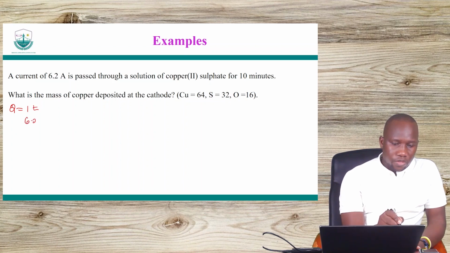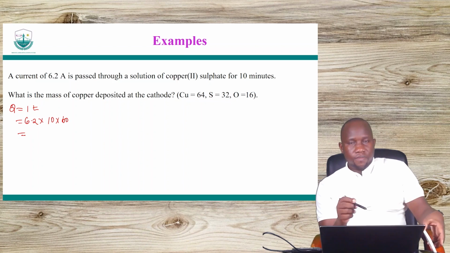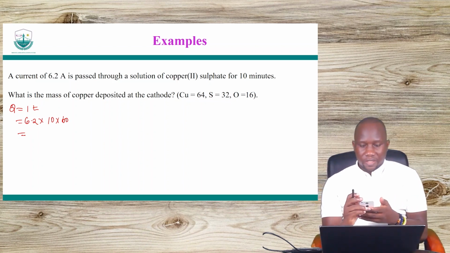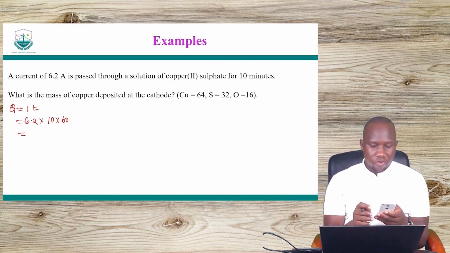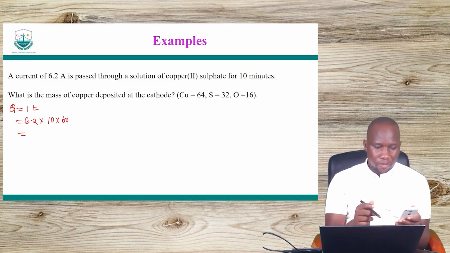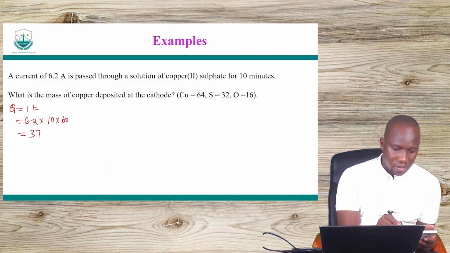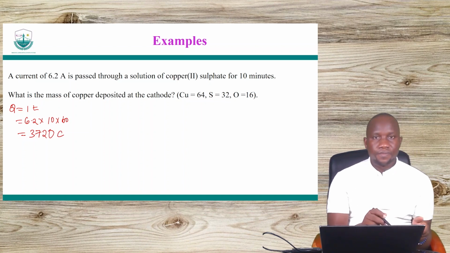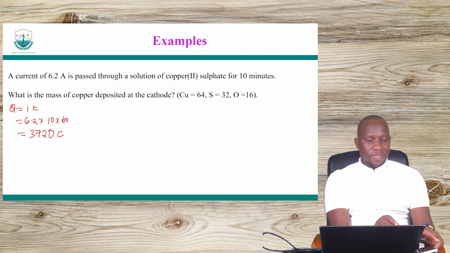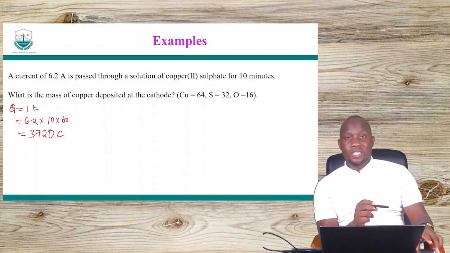You have 6.2 times the time. You put it in seconds. So the rule is first get the moles. First get the moles. So 6.2 times 10 times that, you get 372 coulombs, right?